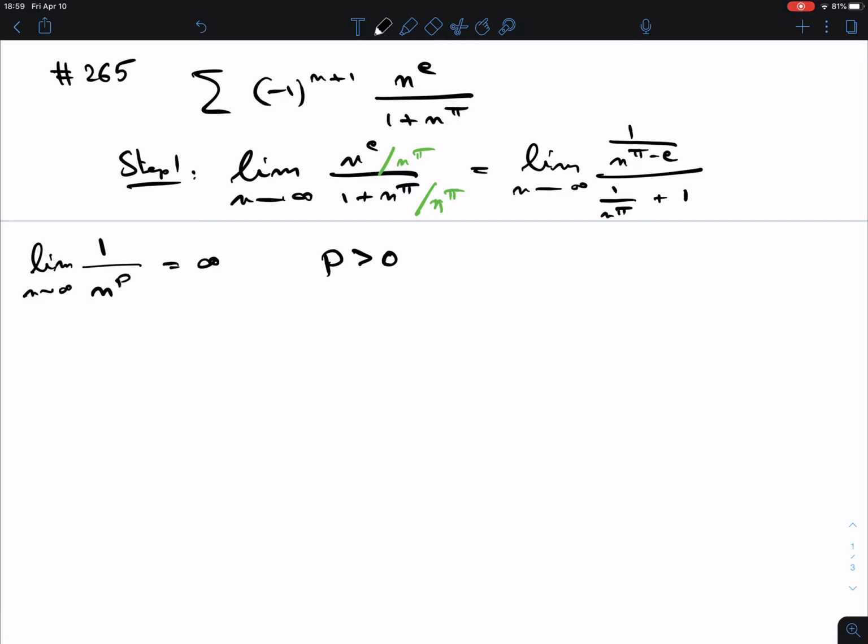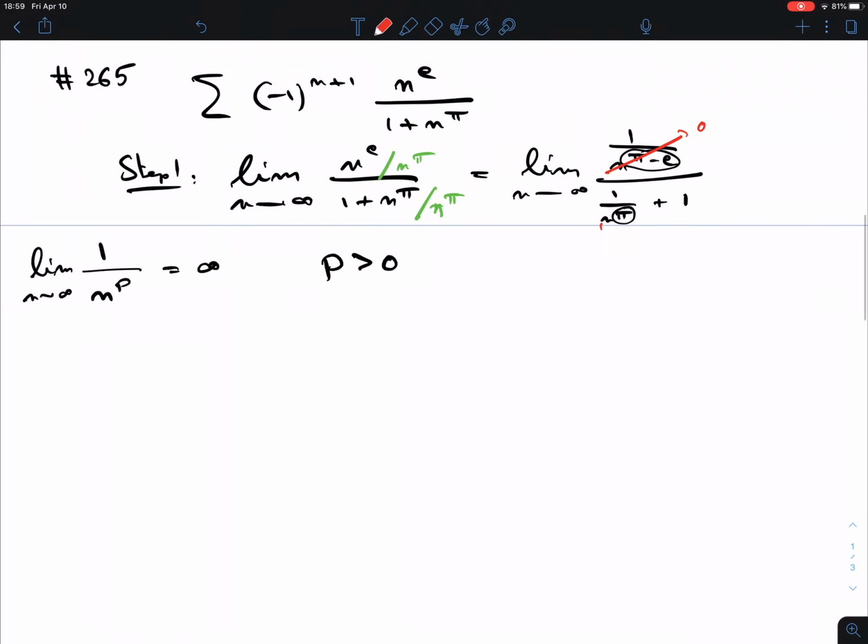That's why I'm writing it with reciprocals, and that's why I chose the biggest power, so that both these exponents are positive, meaning that if I plug in infinity, they will go to 0. And so what I'm left with is 0 over 1, that is 0, which is what we want. We need 0, and that's the only thing we need there to verify the alternating series test.